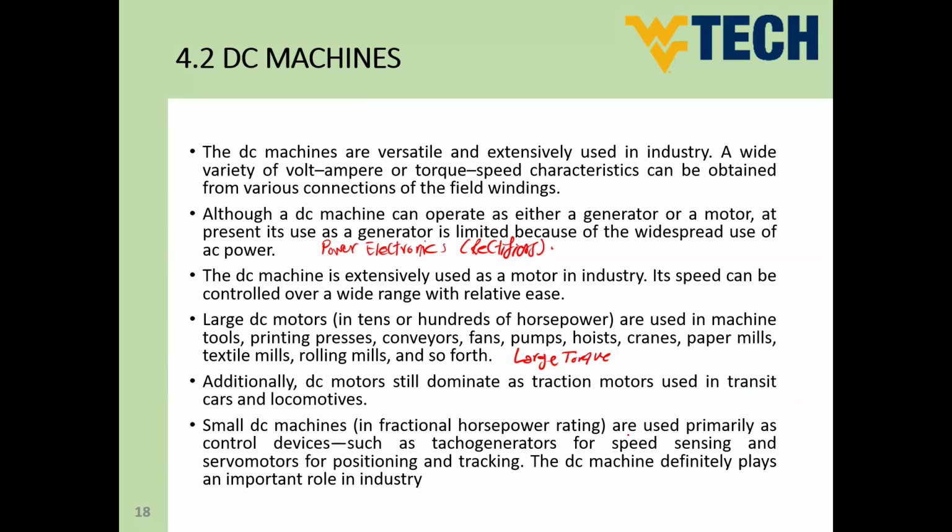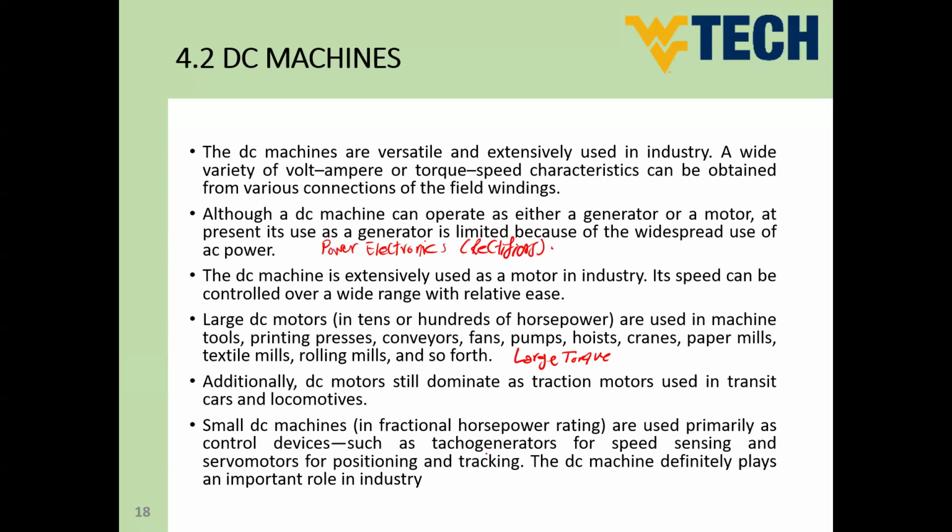It's very easy to make small motors using DC machines. However, it's not that easy with AC machines because an AC machine needs AC supply, and small devices like toys just work with a battery, which needs a very small amount of power and small volts. In this case, we can use very small horsepower rating DC machines.